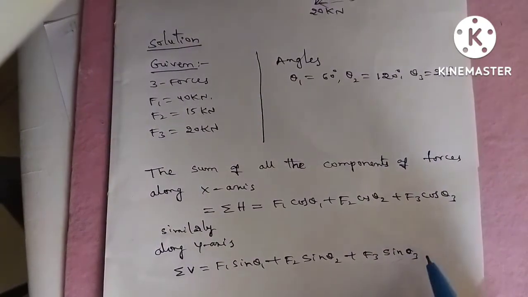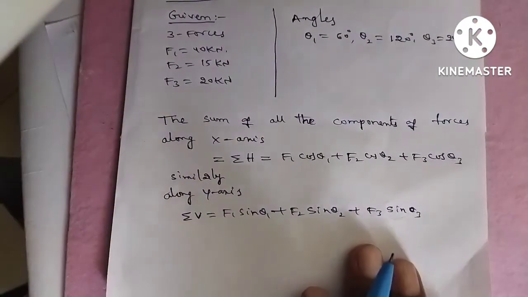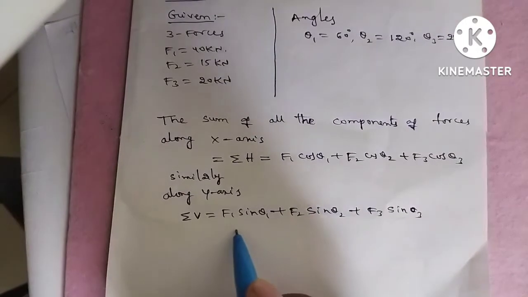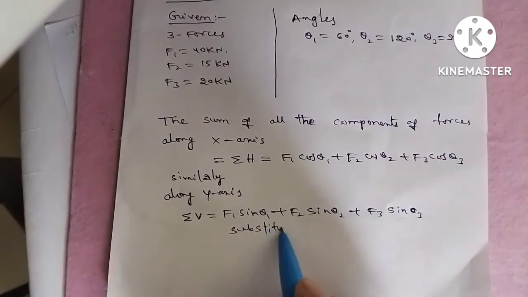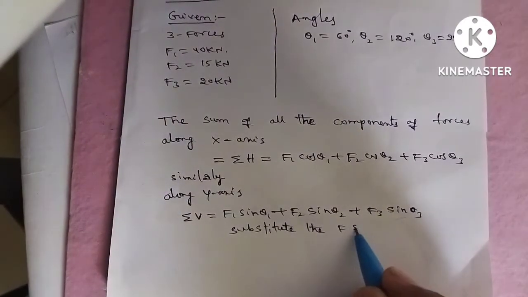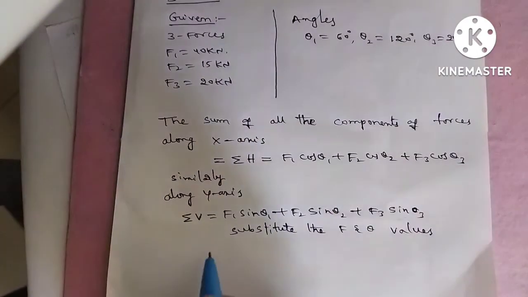So these are the sum of all the horizontal components and the sum of all the vertical components. Now we have to substitute the force and angle values in the above equations.